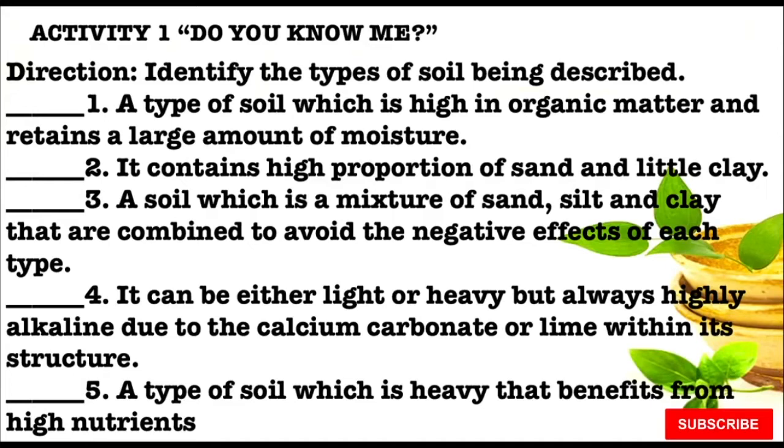Number 2, it contains a high proportion of sand and little clay. Number 3, a soil which is a mixture of sand, silt, and clay that are combined to avoid the negative effects of each type. Number 4, it can be either light or heavy but always highly alkaline due to the calcium carbonate or lime within its structure. Number 5, a type of soil which is heavy and benefits from high nutrients.